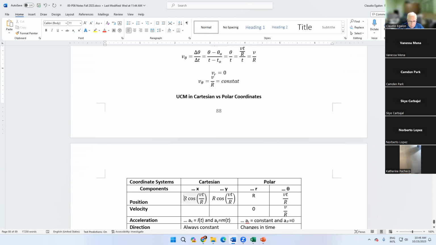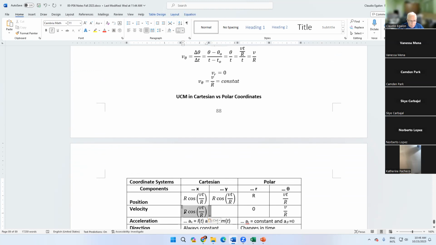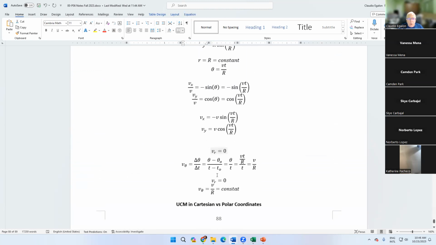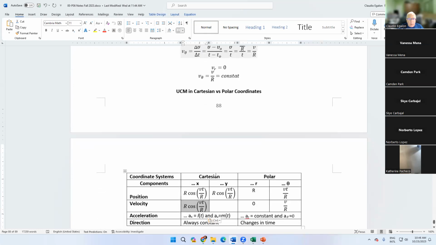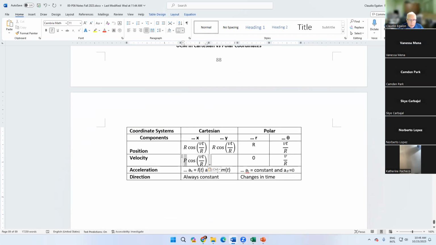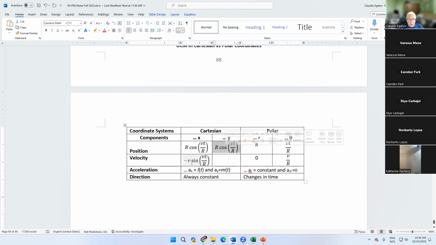And here we go. All I have to do is make it V. Let's see here, Vx. Yeah, that's right. V sine, with a minus sign here. And now all I have to do is copy, paste it.